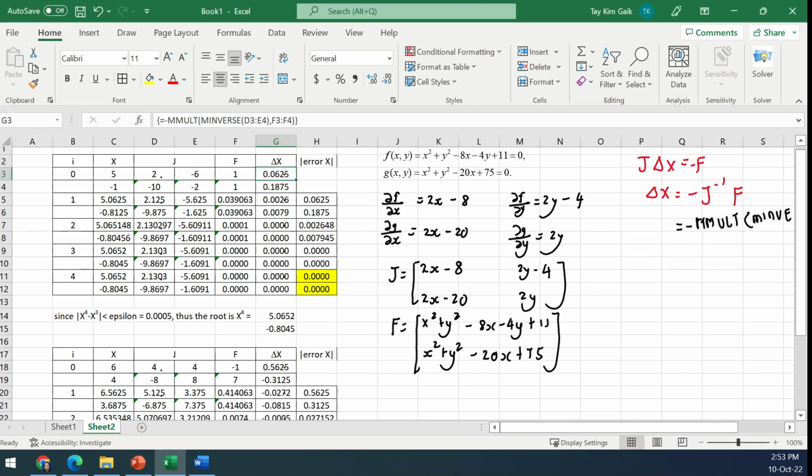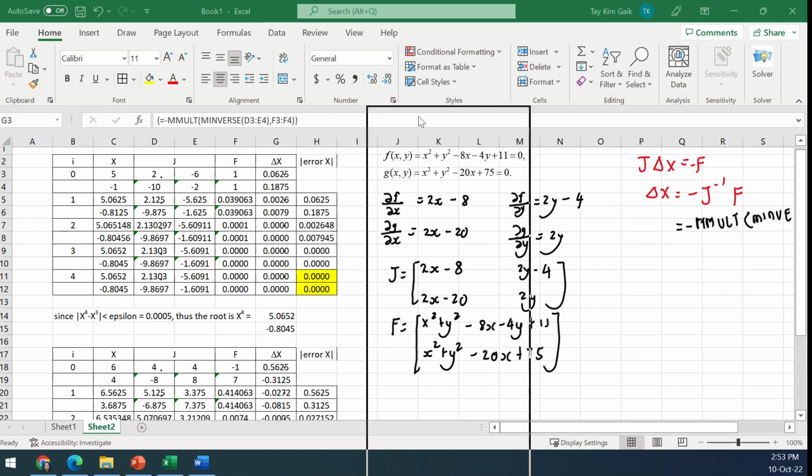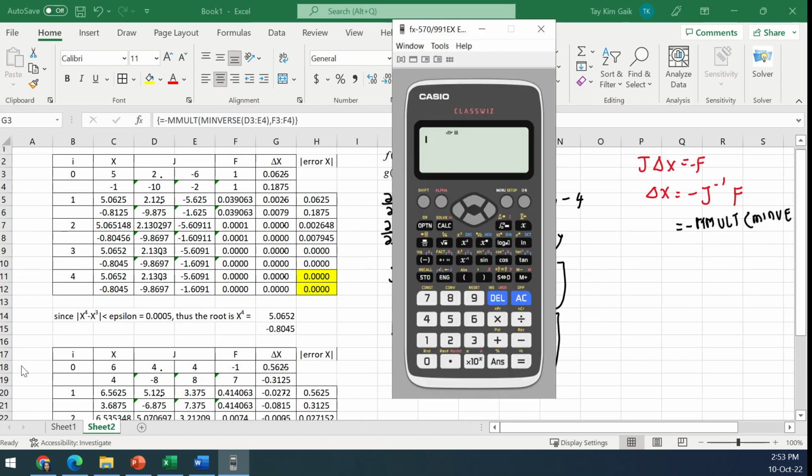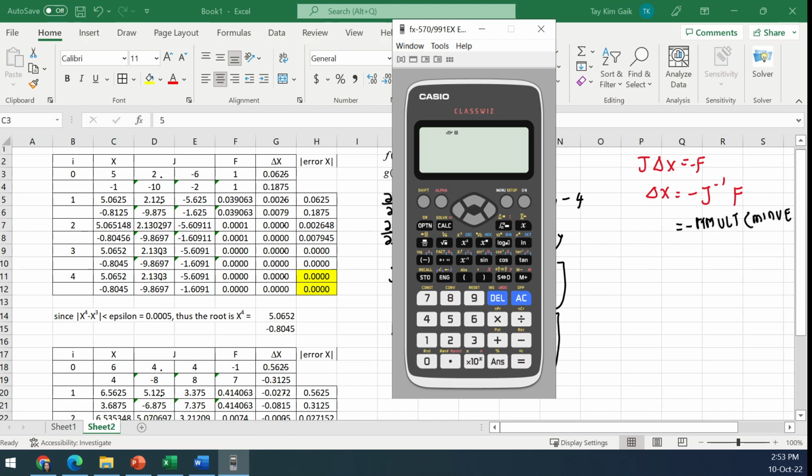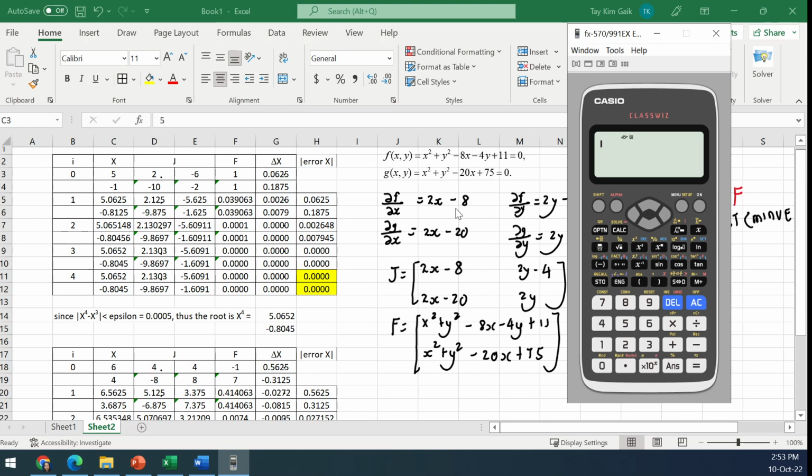Maybe for those interested in using a calculator, I'll show you. If you use a calculator here, with negative 1, you calculate this one normally. If you calculate manually, let's say you key in this one, 2x minus 8.